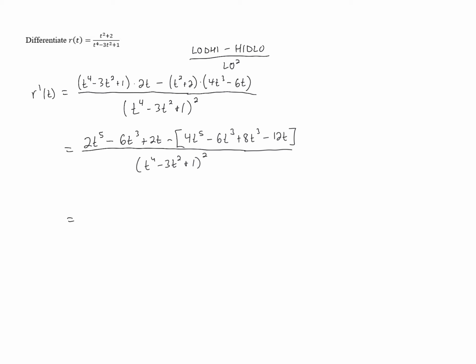Now we need to distribute that subtraction to all of the terms in the brackets. We still have our 2t to the fifth minus 6t cubed plus 2t out front.